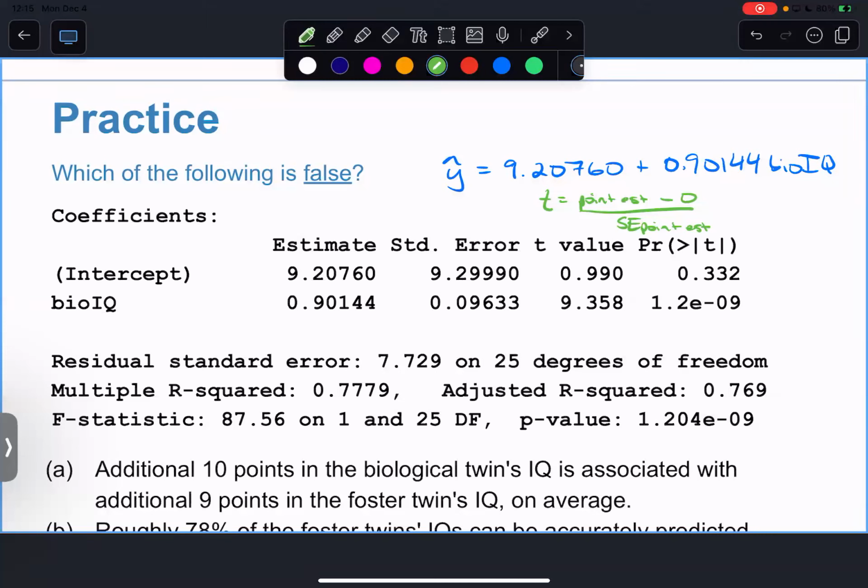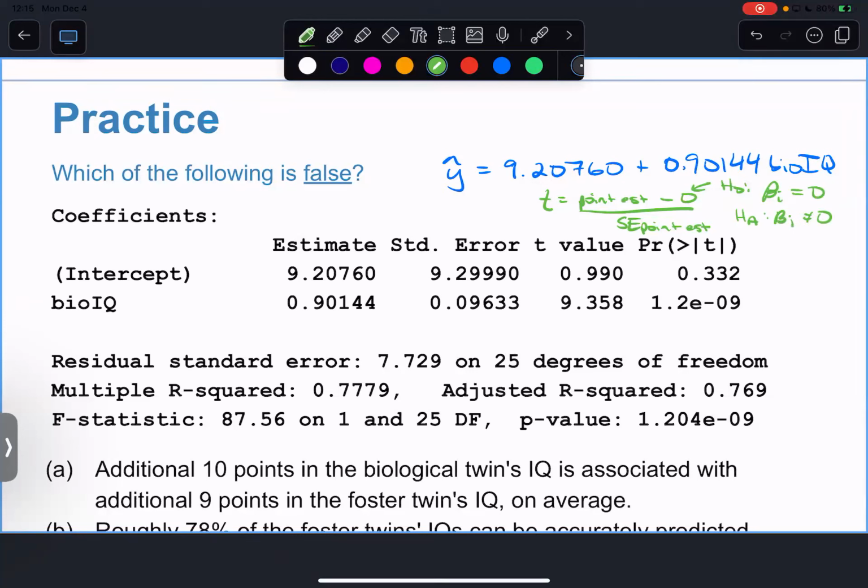We could use the t table or Excel to find p-values. And so here, the key is from this 0, that means that I'm testing if beta i is equal to 0, or if it's significantly different from 0.